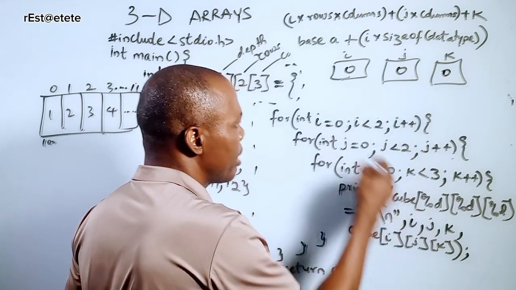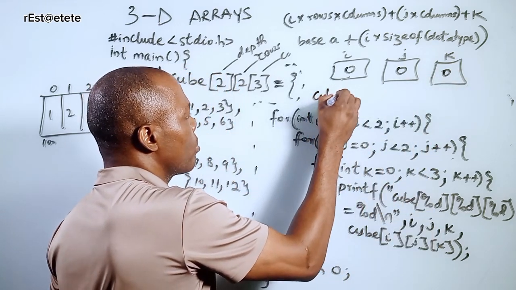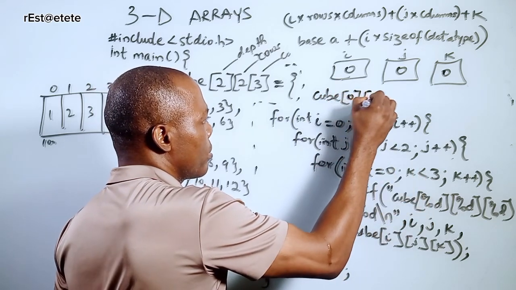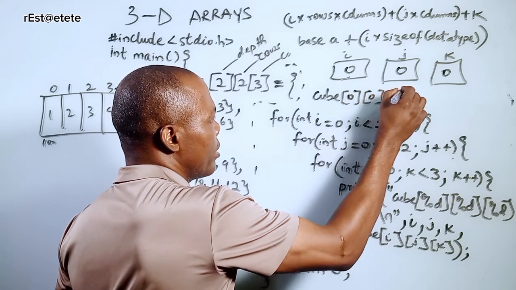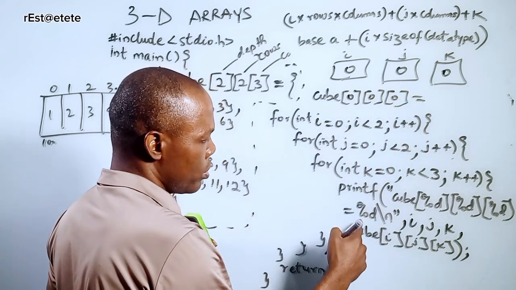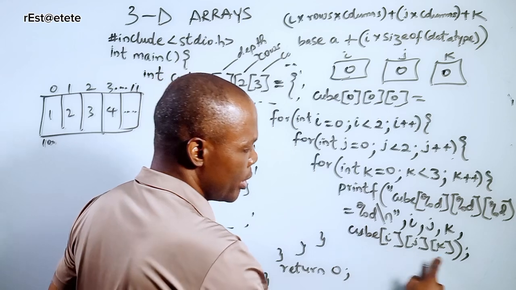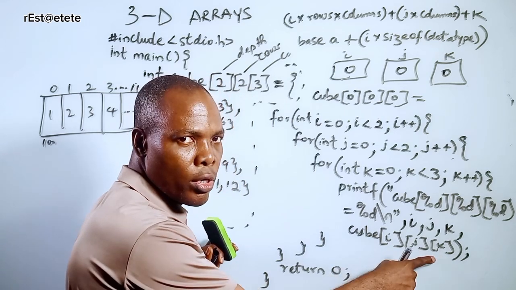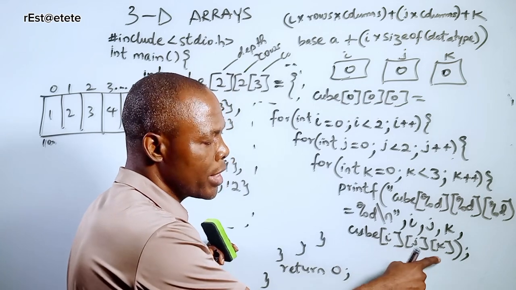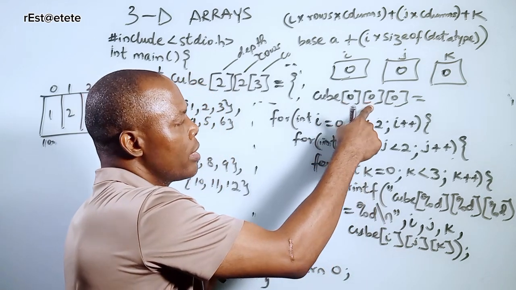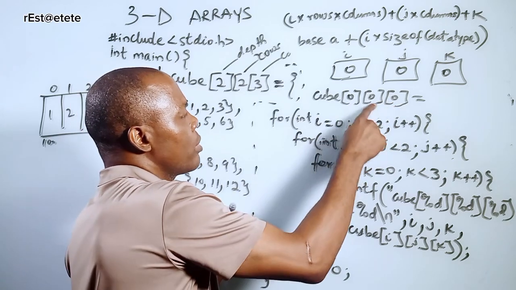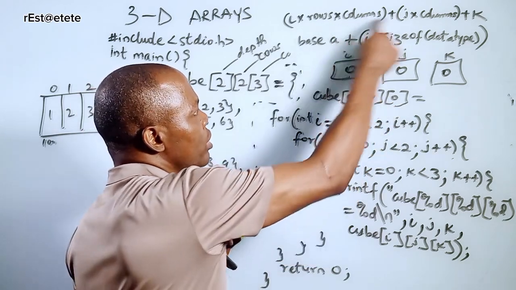Then you come in, you are going to print out cube[0][0][0] equals to the value in memory for i, j, k. So i is 0, j is 0, k is 0. Substitute these values for row and column into this equation.